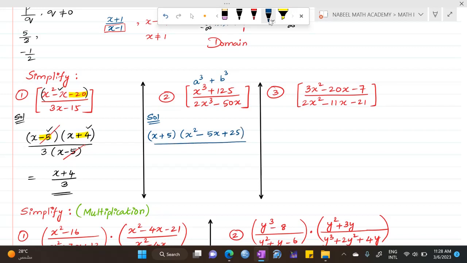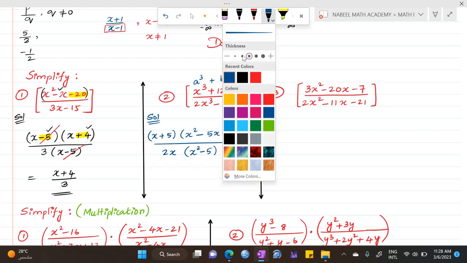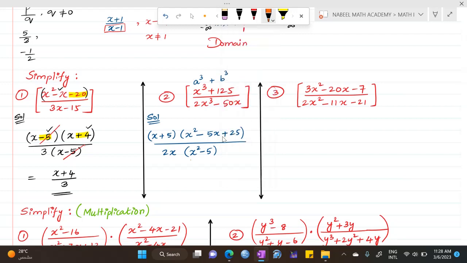Over, in the denominator, 2x is a common factor, so you will get x square minus 25. Let me check here. If I take the 2x common, you will get x square minus 25. Now this can be written as x minus 5 times x plus 5. Now what are the cancel terms you have?